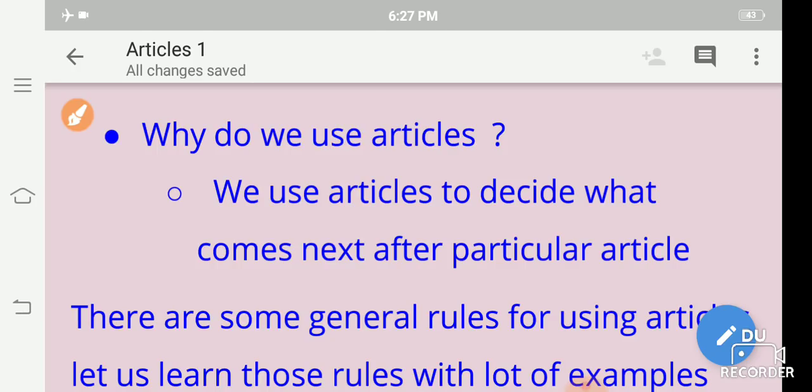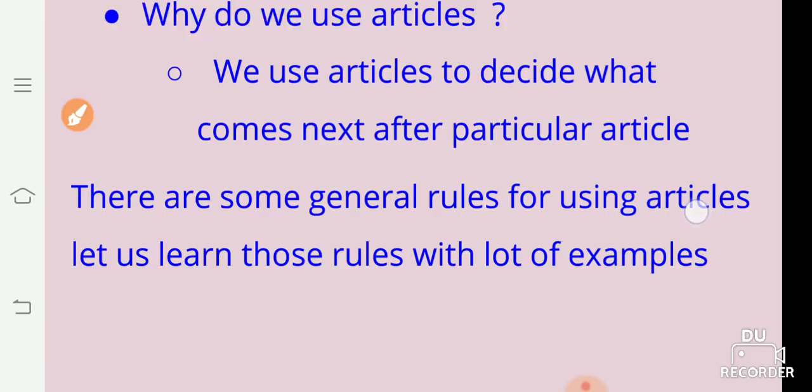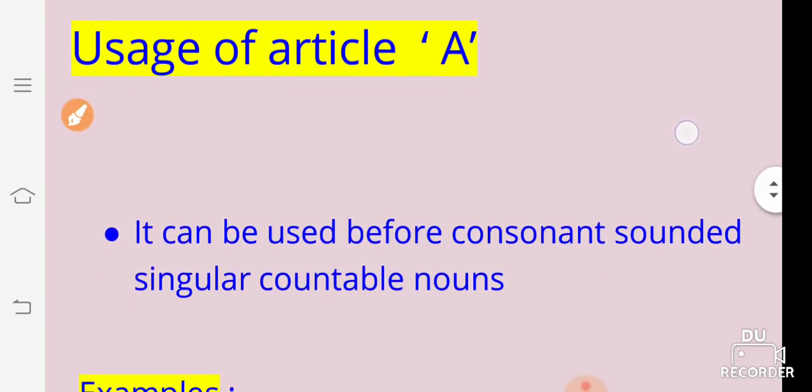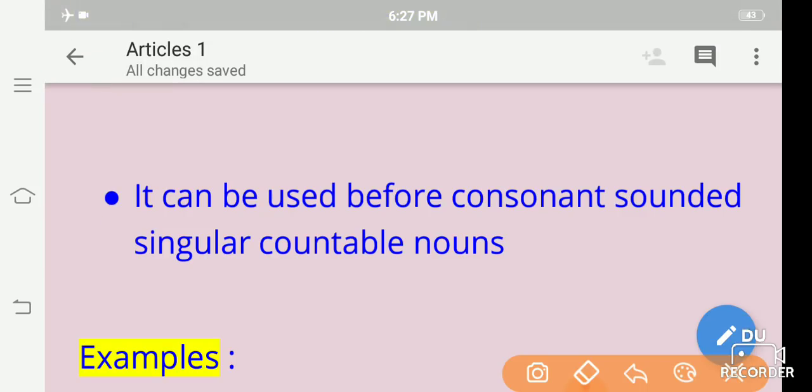There are some general rules for using articles. Today let us learn those rules with a lot of examples, friends. First of all, we'll know the usage of article a. Where to use this article a? This rule is very important.